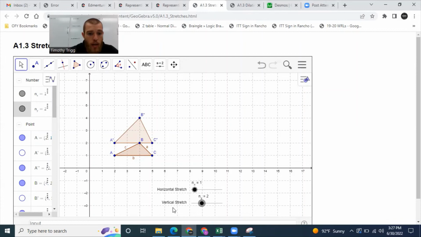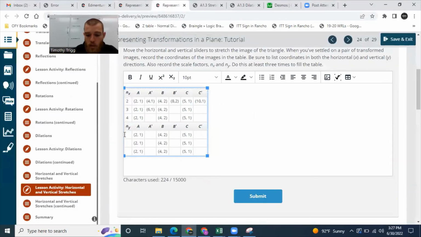So here I'll do n sub y, the vertical scale factor, at 2. And then let's find the coordinate points. For A prime, it's at 2, 2. For B prime, this was at 4, 4.